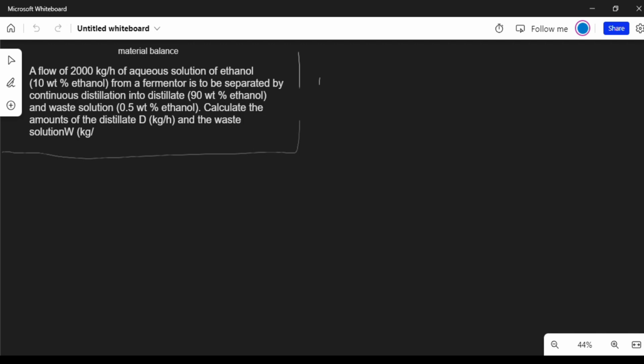The quantity of aqueous solution of ethanol that was pumped into the system was 2000 kilograms per hour. Because that is the input value, it should be equal to the quantity of the distillate produced, plus the quantity of the waste solution that was produced at the end of the process. And we'll call this particular equation our equation 1.